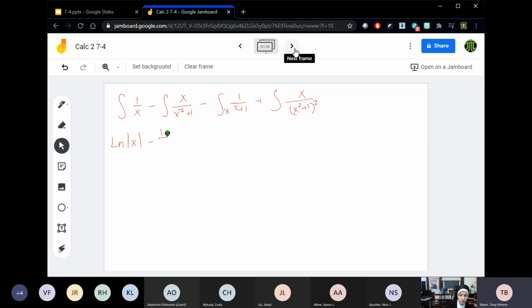One half ln of x squared plus 1. This third one, because it doesn't have an x up on top, that's going to be my tangent one. So in this case, because a is 1, it ends up being just the inverse tangent of x.